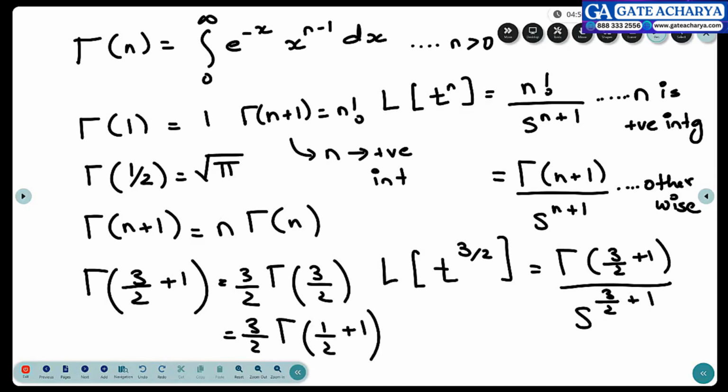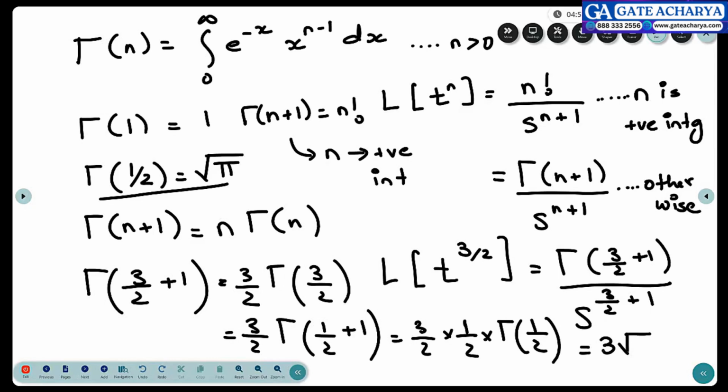Now this becomes 3 by 2 into 1 by 2 into gamma function of 1 by 2. Gamma function of 1 by 2 is root pi. So the answer is going to be 3 root pi divided by 4.